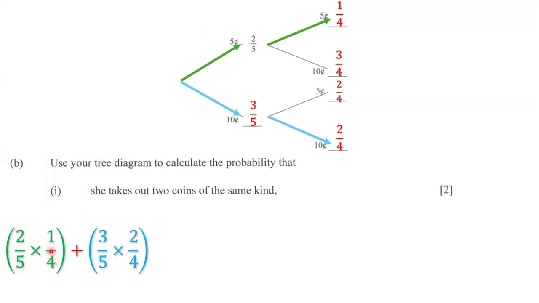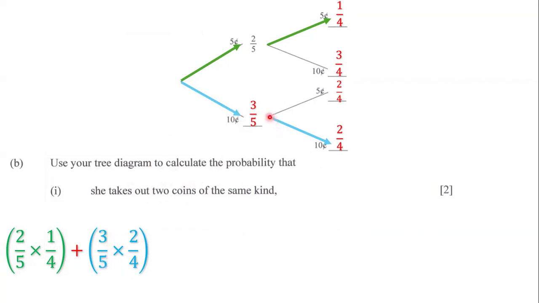That is one way that she can get 2 coins that are of the same kind, if both of them are 5 cents. Now, she could get 2 coins of the same kind in another way, right? If both of them are 10 cents. So she could get a 10 cents on the first try, and the probability of that is 3 over 5.